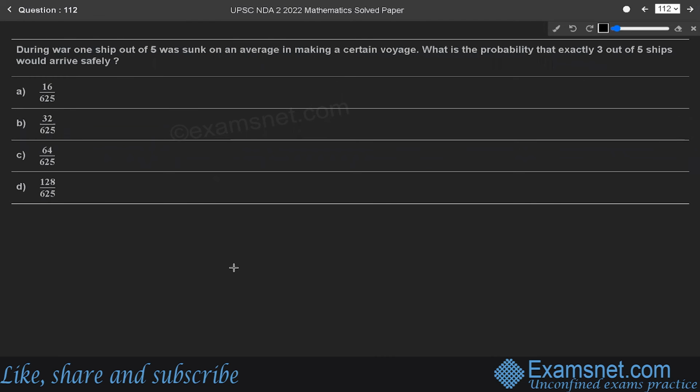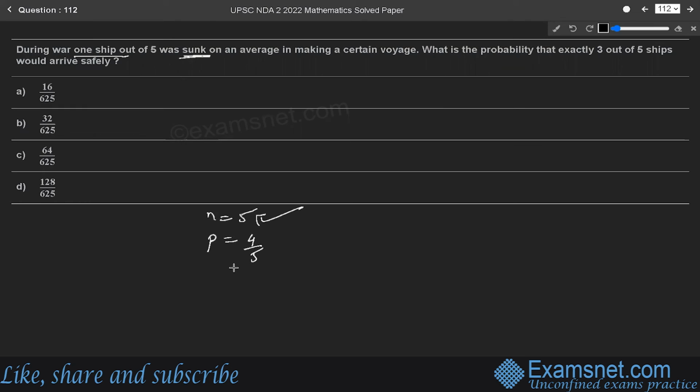Next question is, during a war, one ship out of 5 was sunk on an average in making a certain voyage. Total number of ships is 5. So N is equal to 5. The question says that one ship got sunk, means from 5 one ship was sunk. So from 5 the probability of ships that reached successfully is 4 by 5 because one ship is already sunk.